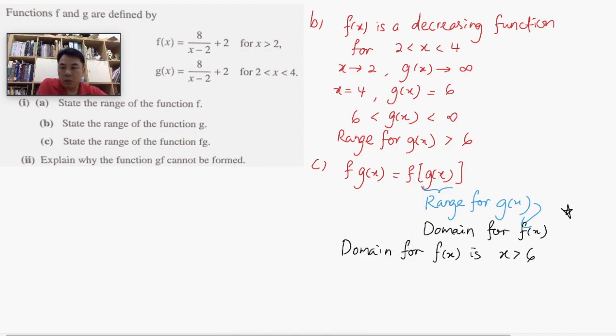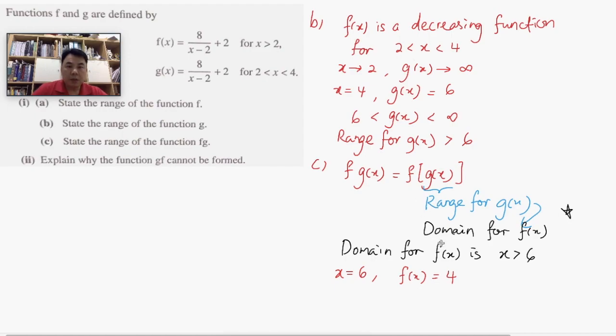Now, knowing that, we can work out the range for fgx. All we need to do is focus on the domain for x greater than 6. Since x equal to 6 is not the asymptote, we can find the y value for fx in this case. So when x is equal to 6, let's figure out what fx is. If I did the calculations correctly, that would be a 4. Right? That would be a 4.